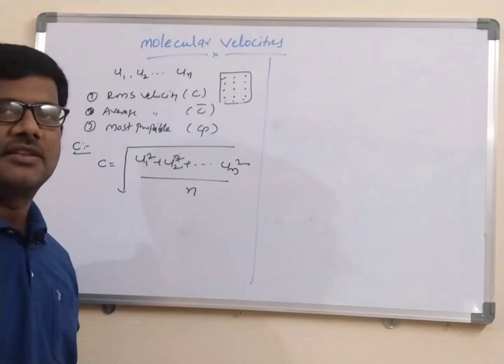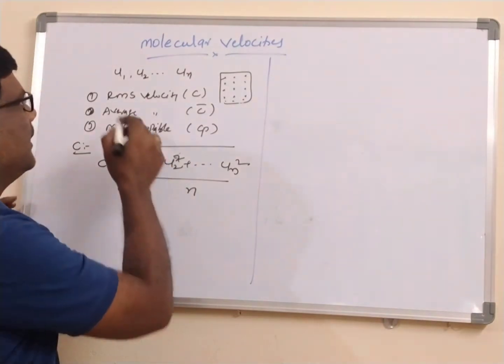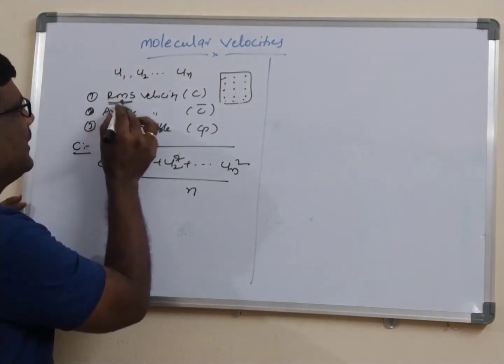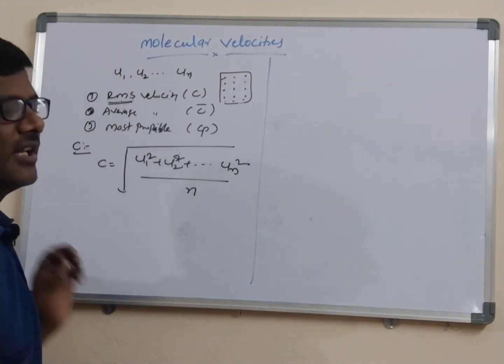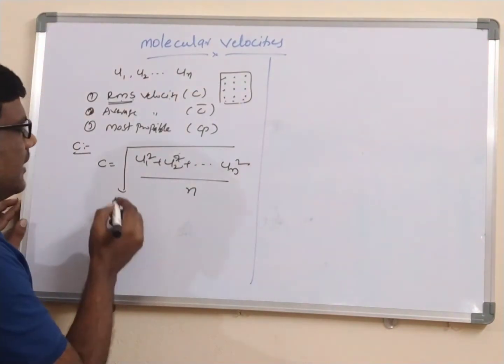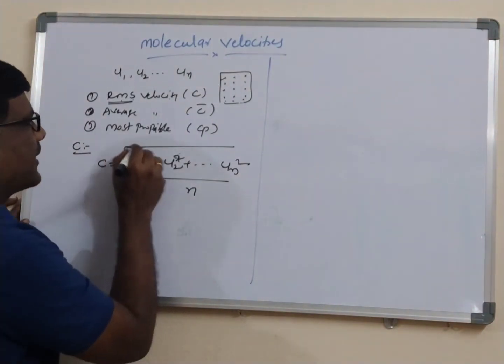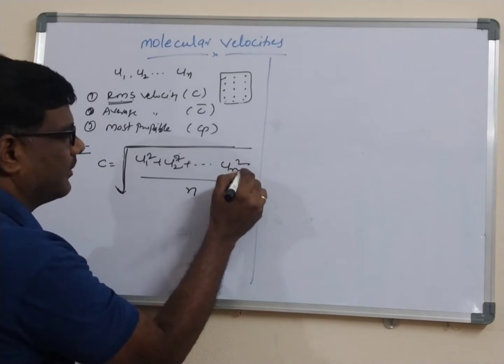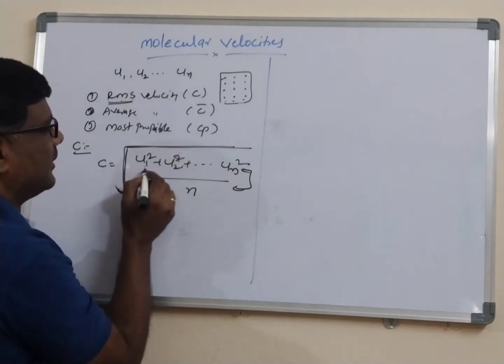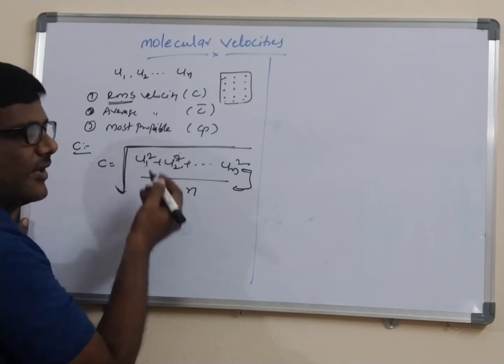By this mathematical equation we get the definition of the RMS velocity, whose full form is root mean square velocity. The definition: square root of the mean of the square velocities. u1 is the velocity, u1 square is the square of the velocity.